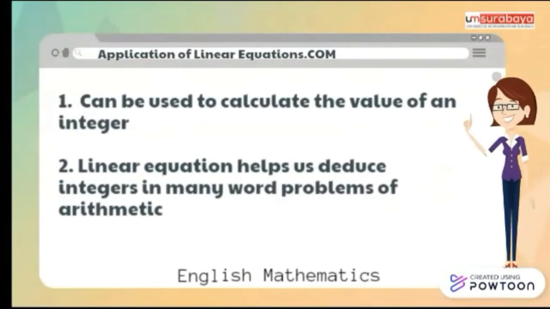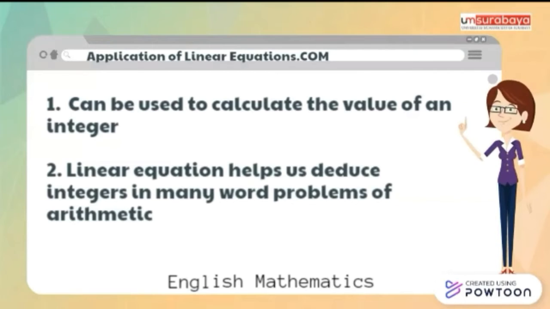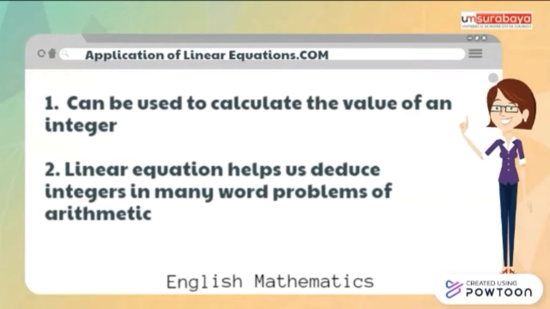Last part is application of linear equation. Linear equation in one variable can be used to calculate the value of an integer when we are given two or more integers with one of them being unknown. Using the expression in an equation form, we can easily find the value of an unknown integer.